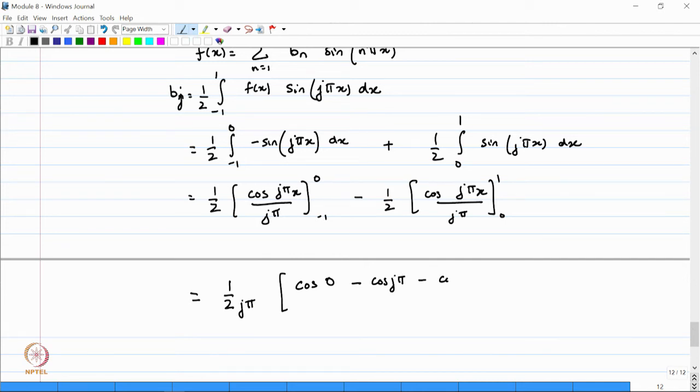Here I have minus cosine of j pi. The first term will be cosine of j pi with a minus sign outside, and I have plus cosine of 0. So, I can write 1 over j pi, cosine of 0 is 1, and cosine of j pi is minus 1 raised to j.